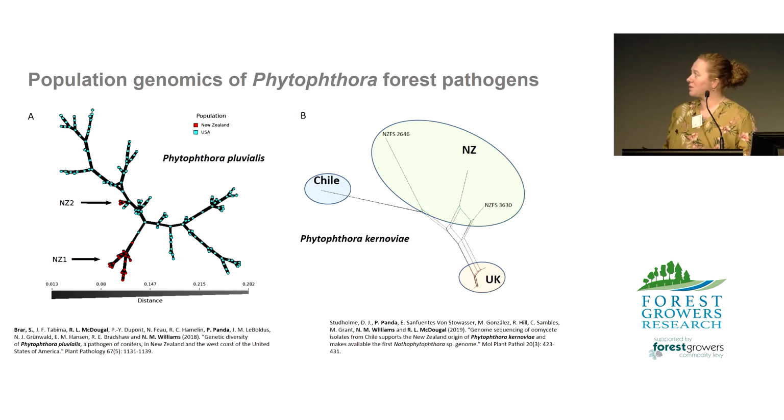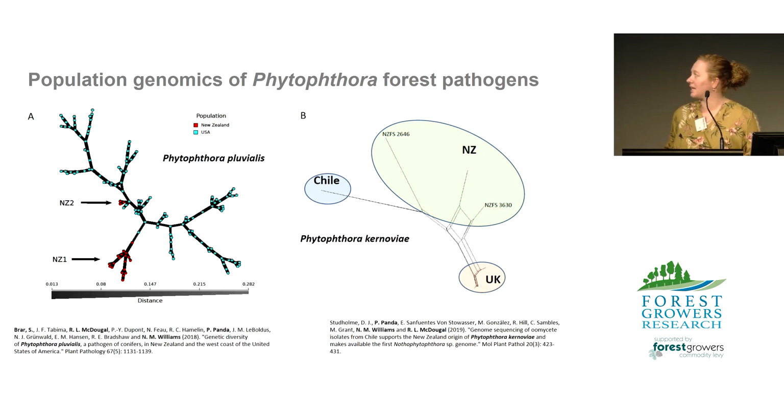So what we found was that we could identify multiple genotypes from Oregon, which are the ones in blue, or the USA, and different genotypes of the isolates from New Zealand. So you can see from figure A that we have greater genetic diversity in populations of Phytophthora pluvialis in the USA than we do in New Zealand.